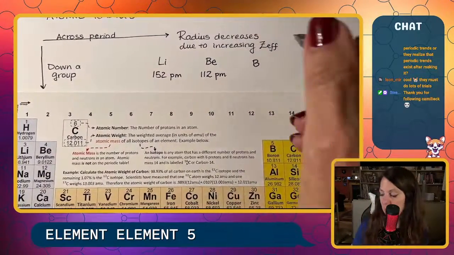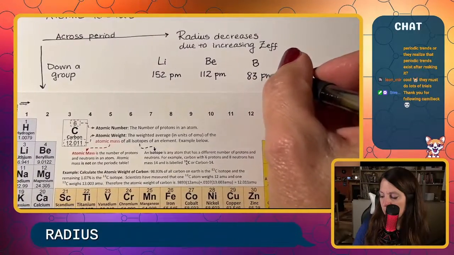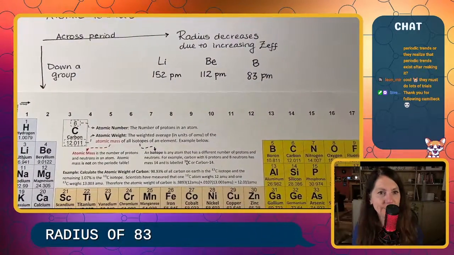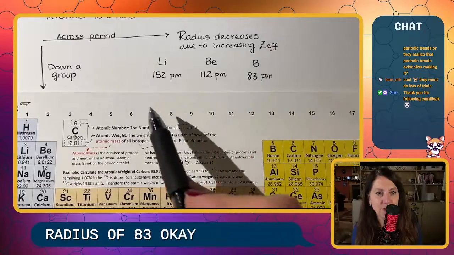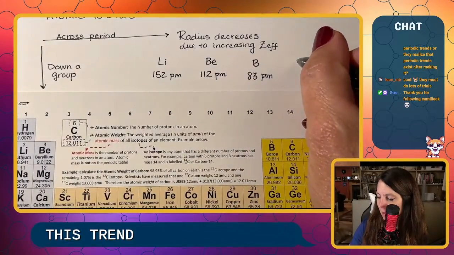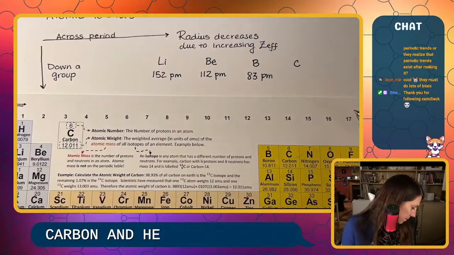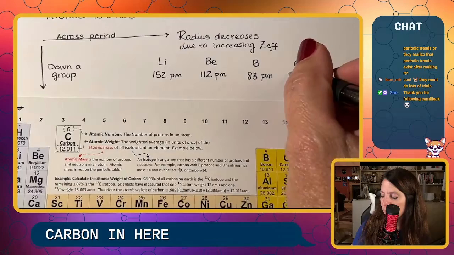And boron has a radius of 83. Okay, so hopefully you are seeing this trend. I will add carbon in here. 77.